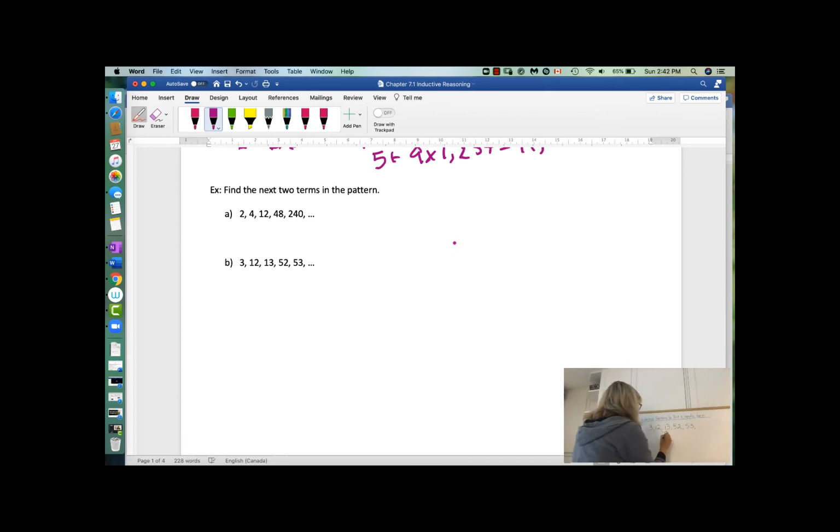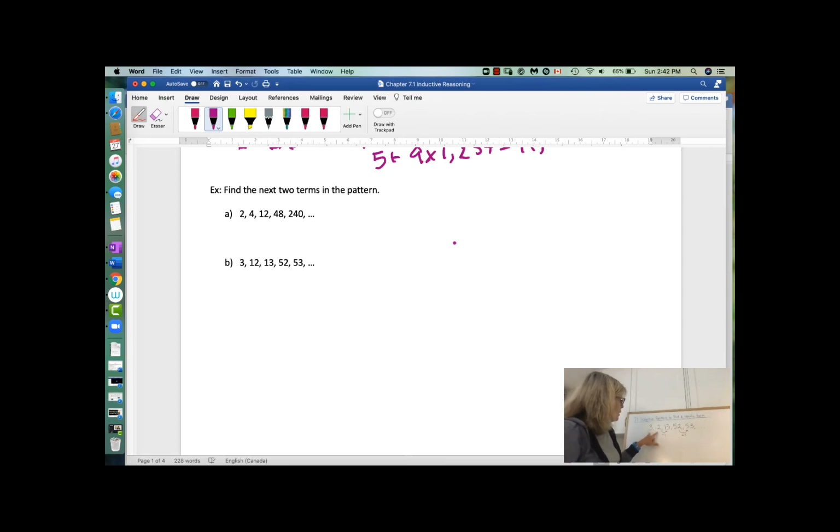And I find that kind of unusual because normally in a sequence or a series the distance between the numbers is the same. But in this case, 3 to 12 is not 1. So let's take a good look at this.